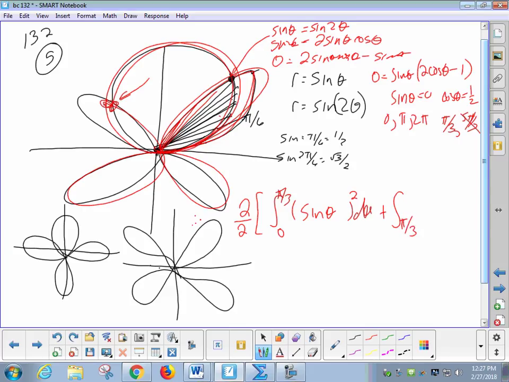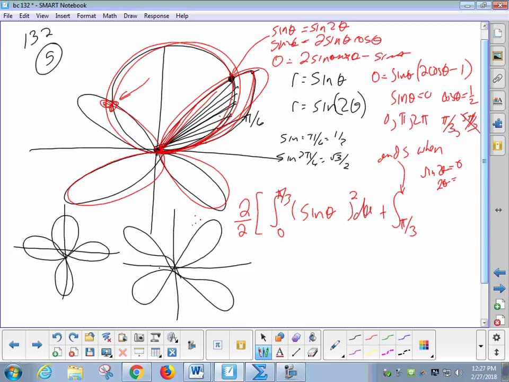When will region red end? Ends when what goes to where? When which graph equals what r? When the rose equals 0. Beautiful. When the rose equals 0, and where does that happen?